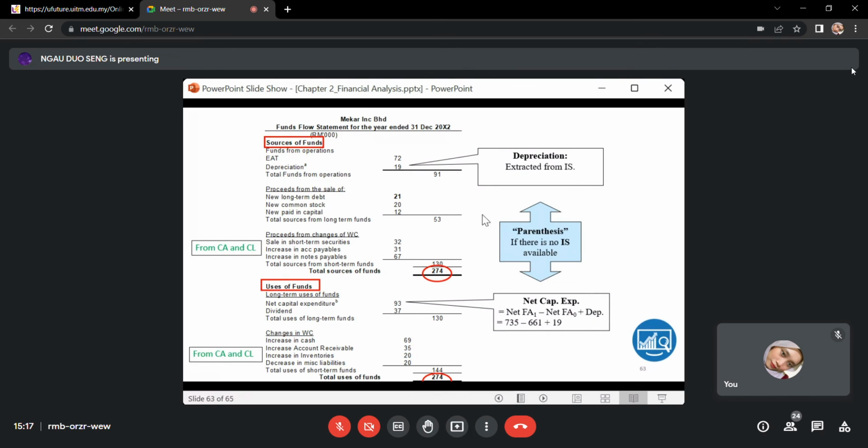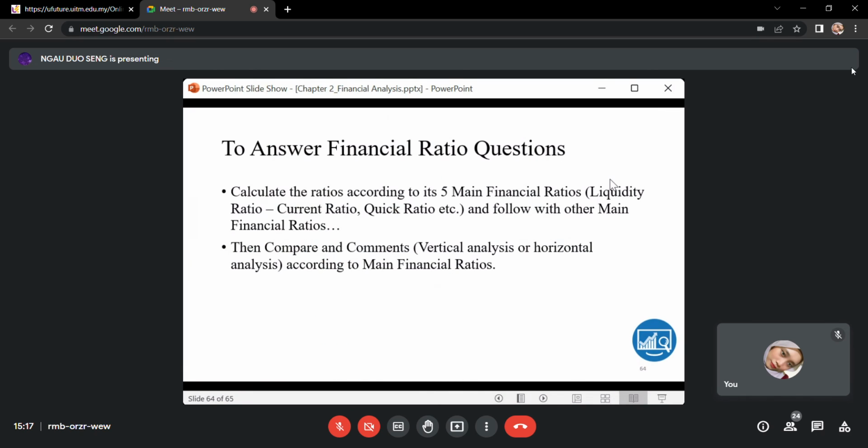All right, so this one will be the fund flow statement for the year ended. Okay, so this one is just a summary.